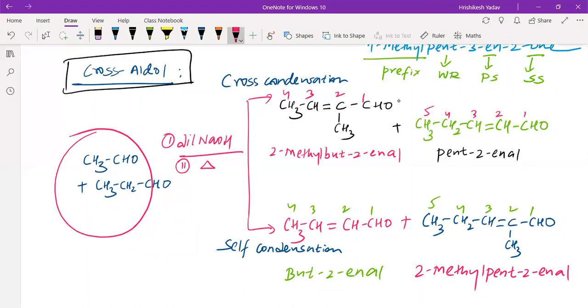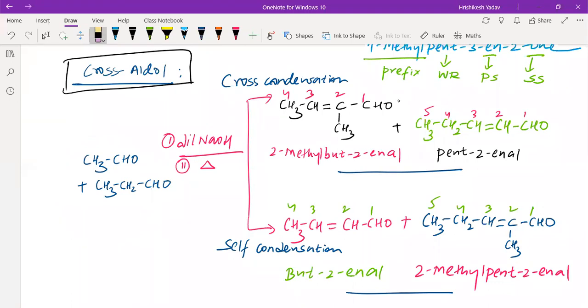Out of 4, this one pair which you are seeing is due to cross condensation, and the other pair here is due to self condensation. And how I did that all?